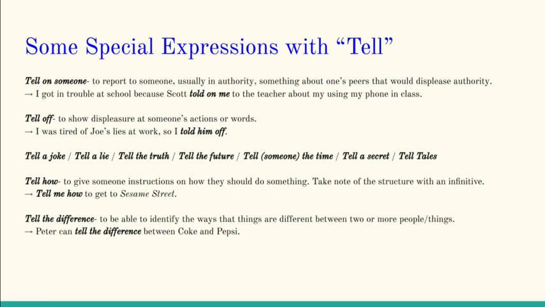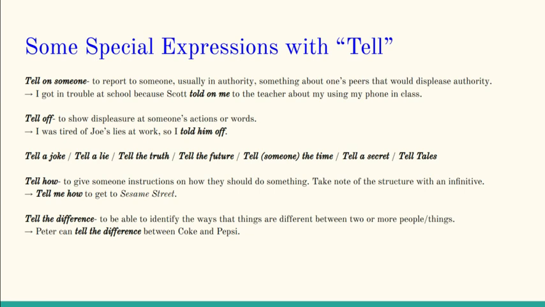All right, now this next line, these expressions are the ones that are probably more commonly used. Most commonly used with tell. Tell a joke. You would say you tell a joke, not say a joke. Tell a lie, not say a lie. Tell the truth. Be honest with me. Don't say the truth. You want to tell the truth. Tell the future.